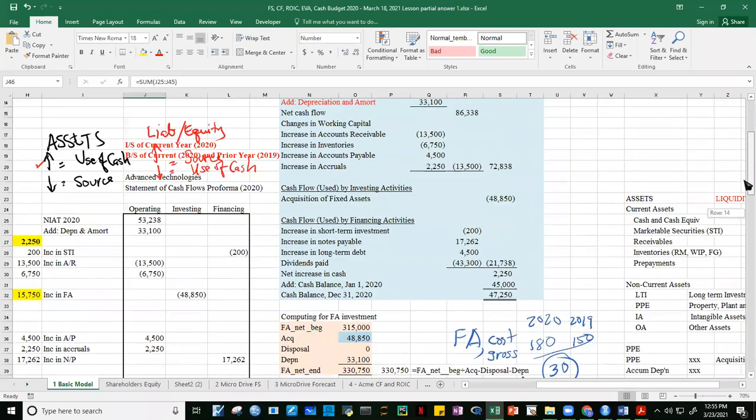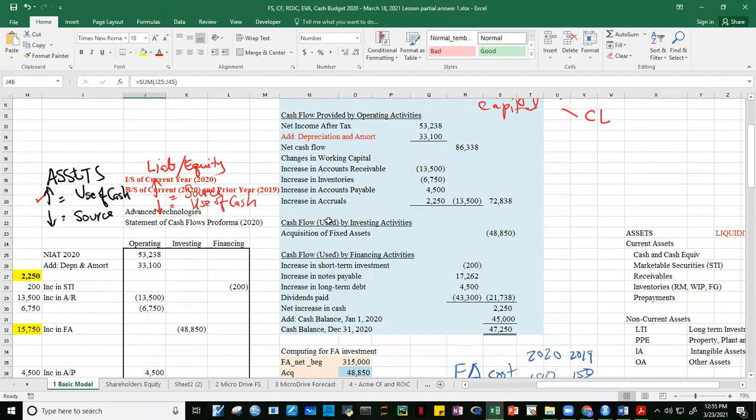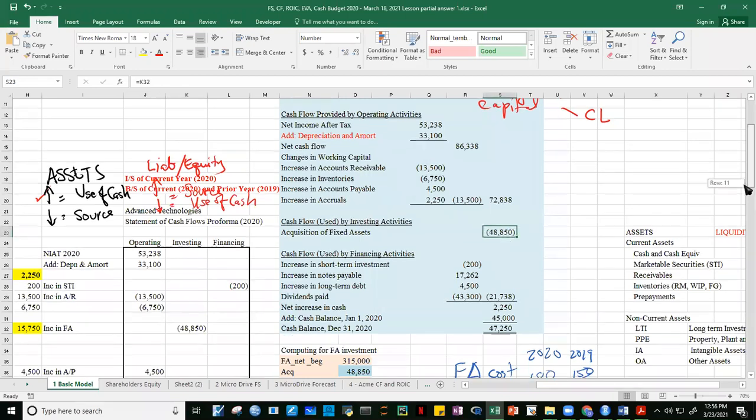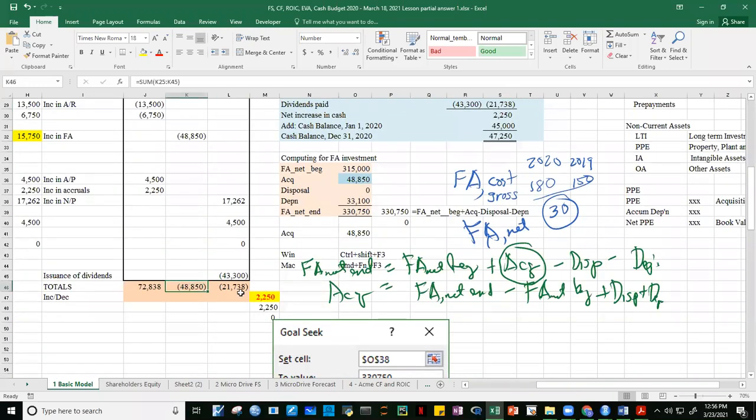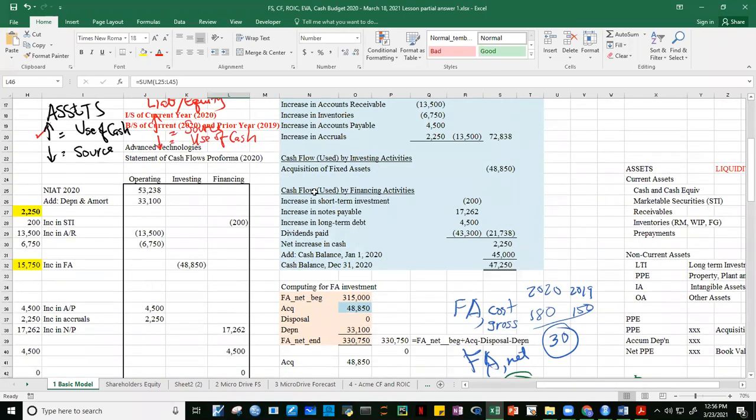Then the cash flow used by investing, it's used because it's negative, a net use of cash of 48,850, which should be the same as this one. And this one is also a net use of cash, 21,738, net cash flow used by financing activities. Adding all these three, operating, investing, financing, you get 2,250, which we said agrees with this one. That's your net increase in cash.